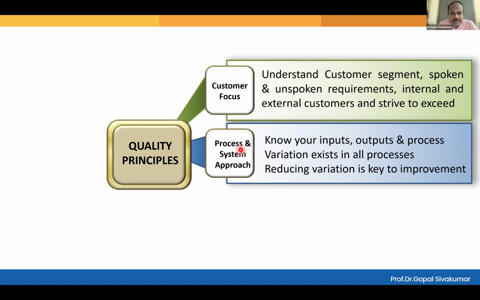Everything together is known as a system. And when it comes to process, in any process there will be a set of inputs getting into the process, and then a set of activities which will help you to convert the inputs into output. This is what a process is, right?